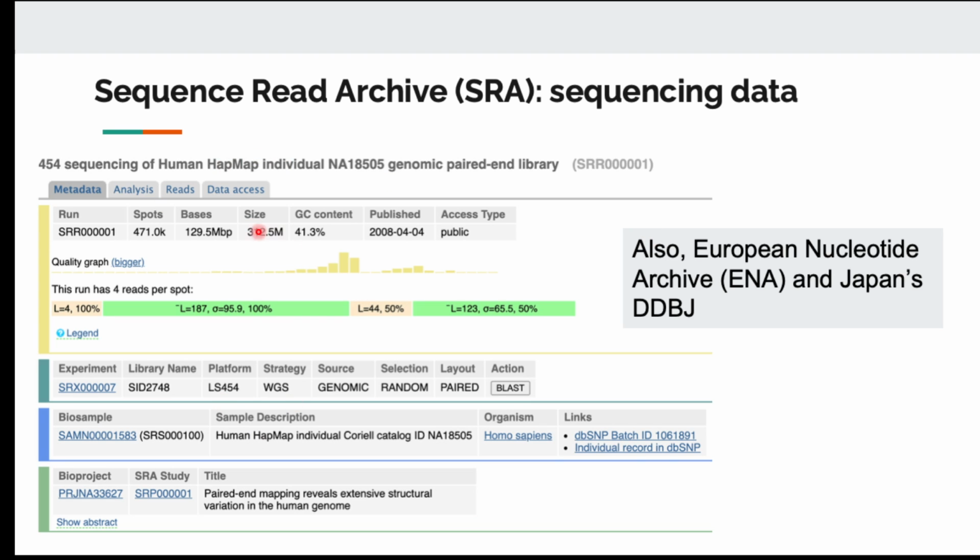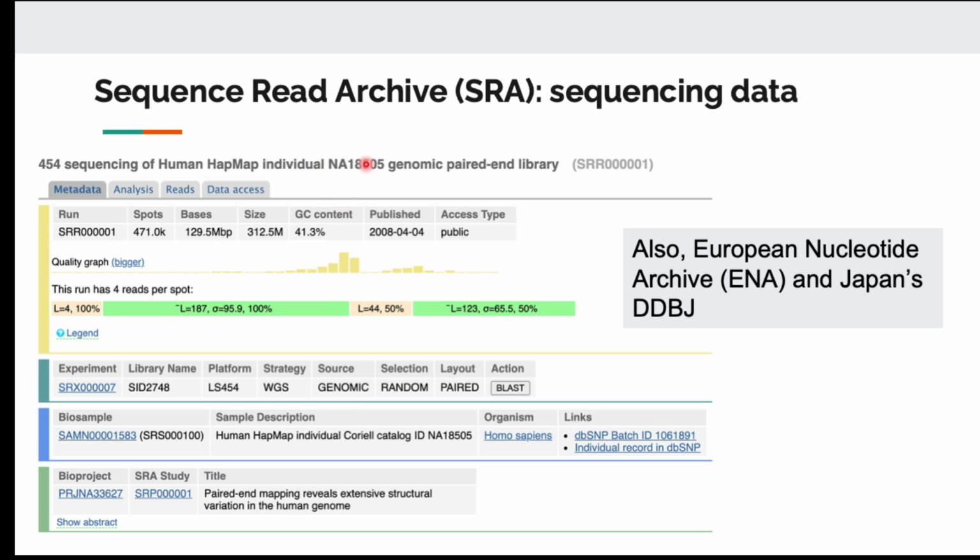On these servers, on this repository, you can start from a publication and get the data for that publication before you go to the repository. But you can also go to this repository directly and search, for example, by the disease name or by the drug name, and see if there is any sequencing data that were performed related to those diseases or those drugs.